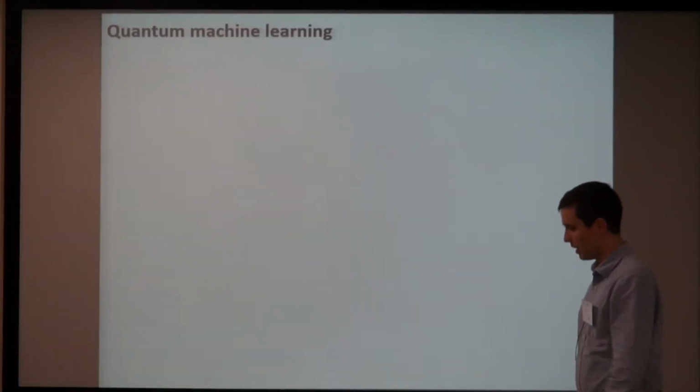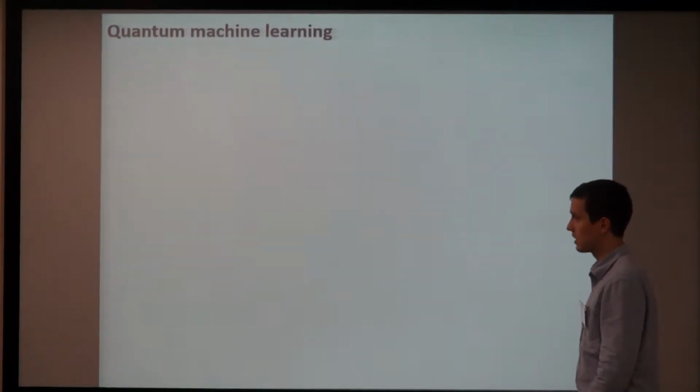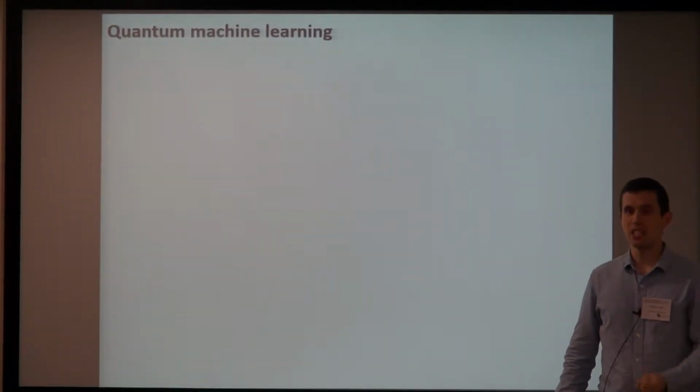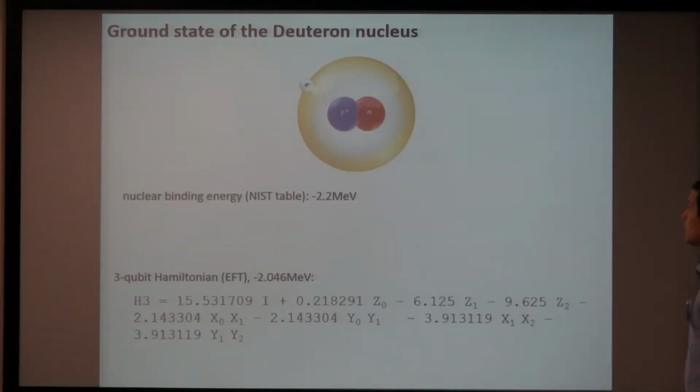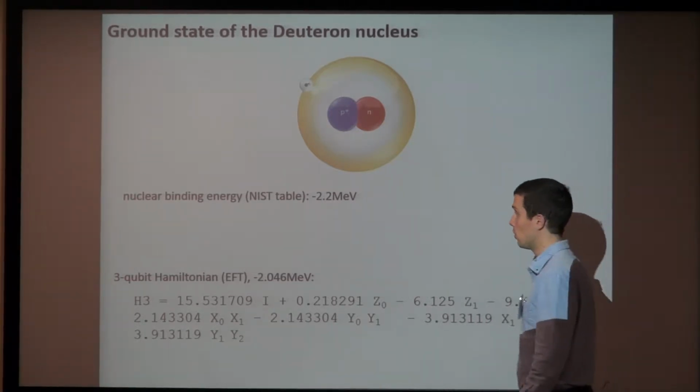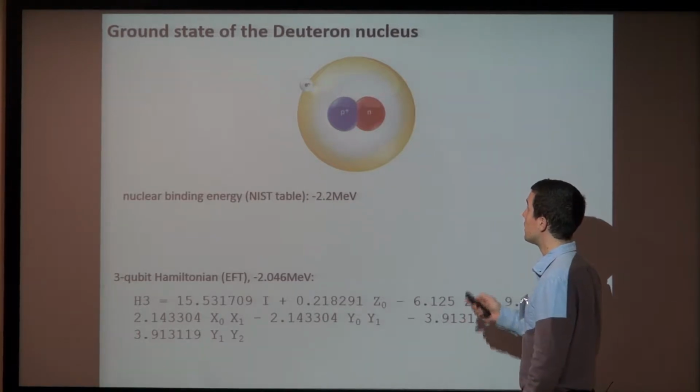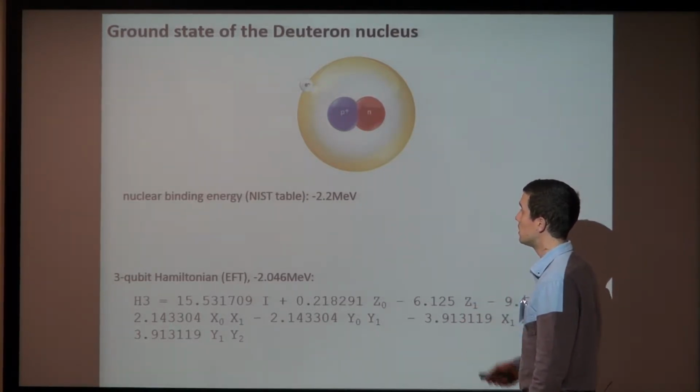So the next example has to do with nuclear physics. This is related to some of the chemistry problems that were mentioned by the previous speaker. It has to do with finding the binding energy of the deuteron nucleus. The deuteron nucleus is a proton and a neutron. Can we use a quantum computer to calculate the binding energy of this nuclear system?